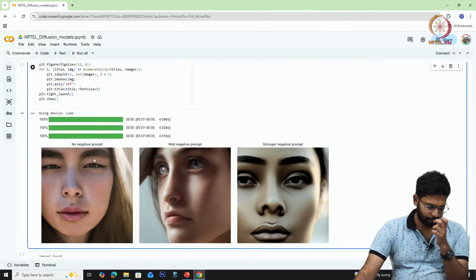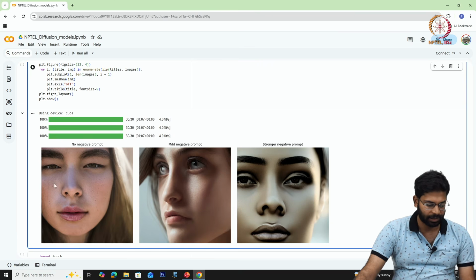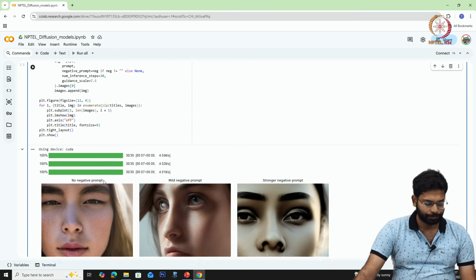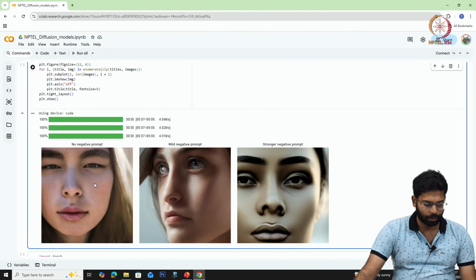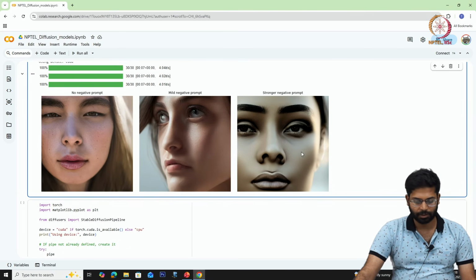When there was no negative prompt, it was generating an image which might not be of great quality and aesthetics. But when you specifically say that it should not be blurry or low quality, you can see it's getting very high quality images as the negative prompts are more comprehensive and stronger.